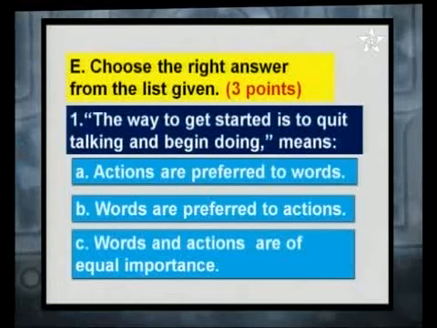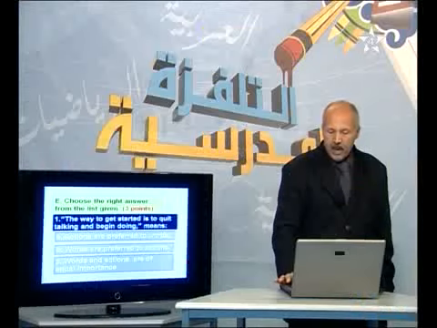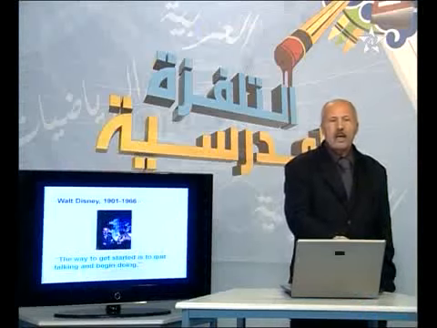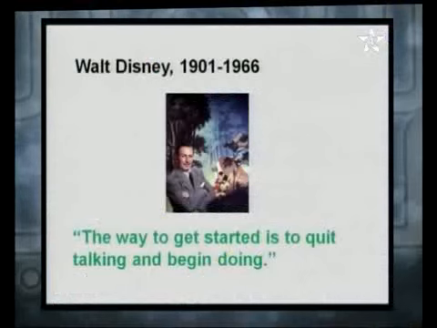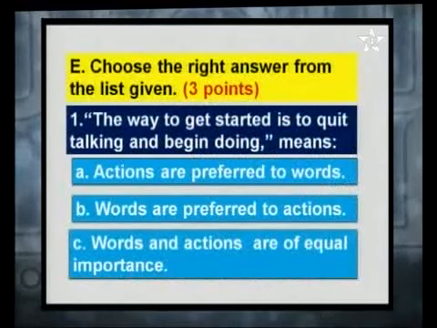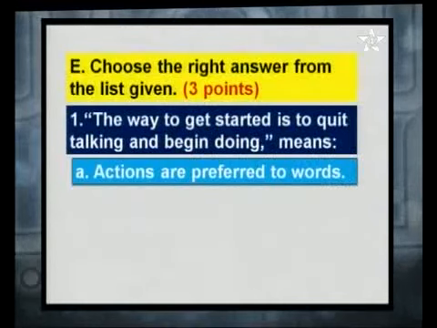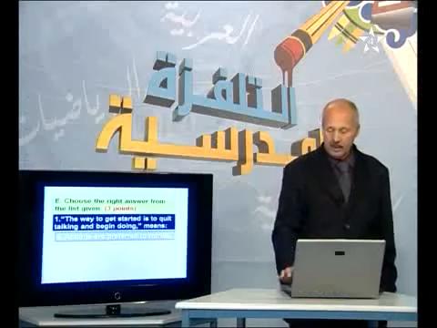Or does it mean words and actions are of equal importance? Now we have this saying with the title of the text. The way to get started is to quit, that's to leave talking, and begin doing. Right. So what do you think the answer is? Very good. Actions are preferred to words. So we prefer actions to words.